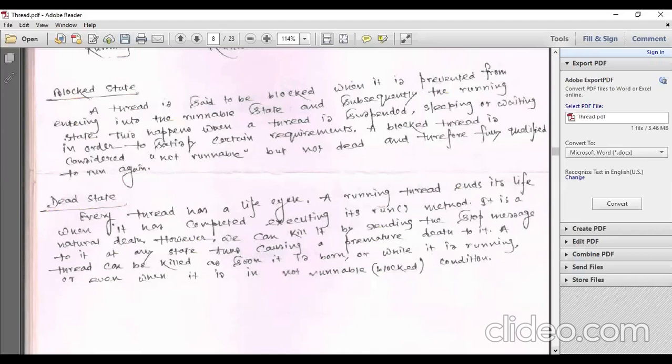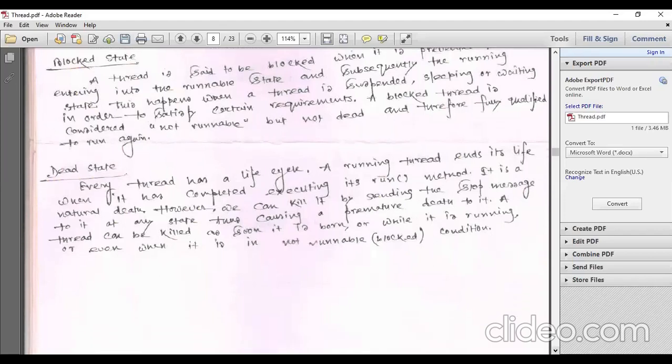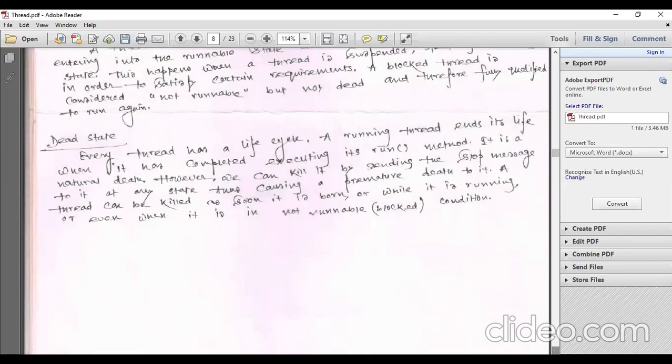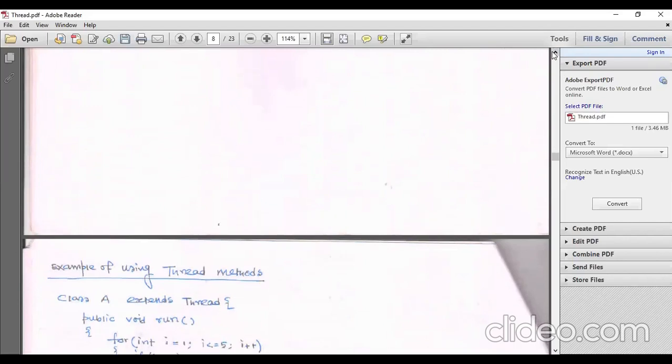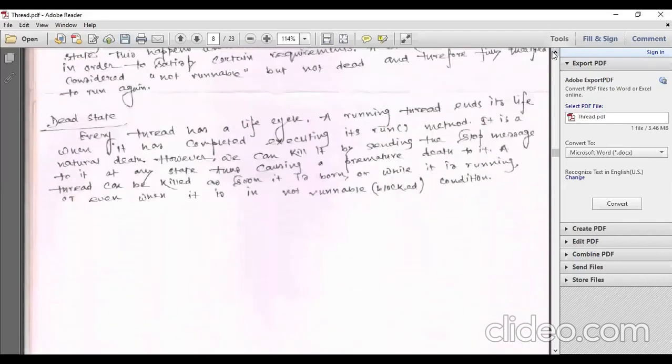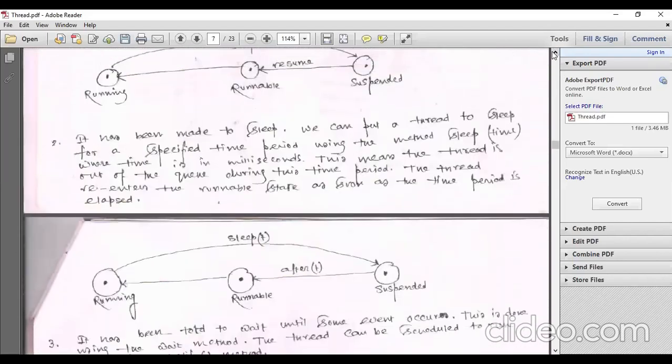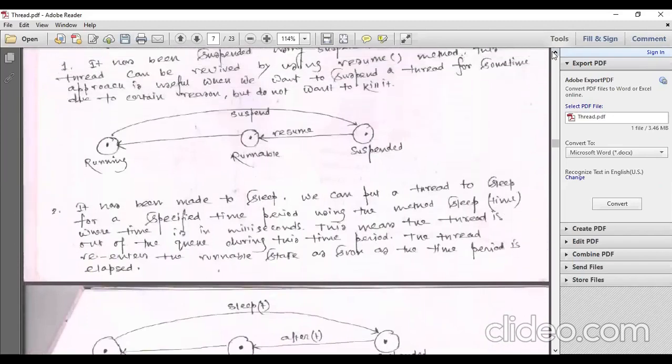So that I just mentioned. Fine. So this is the life cycle of a thread that I just discussed: newborn state, running state, runnable state, blocked state, and dead state. And this is a very important question of your syllabus.